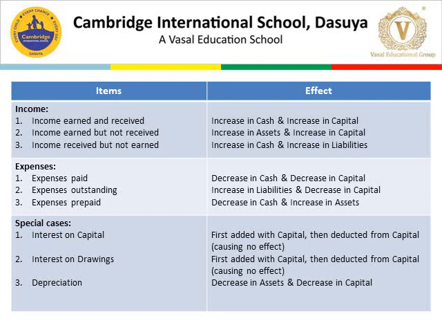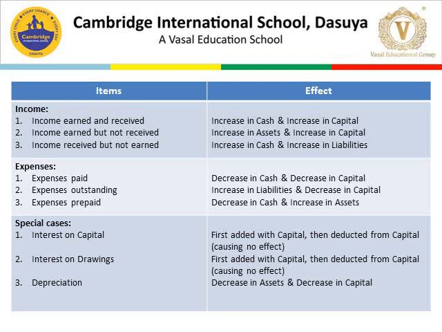Number three, expenses prepaid. Prepaid expense is an asset of the organization. It will decrease the cash because something has been paid out of cash. So it will decrease the cash and simultaneously increase the assets of the firm because prepaid expense is an asset of the business. So these are the three cases of expenses and their effects in the accounting equation.